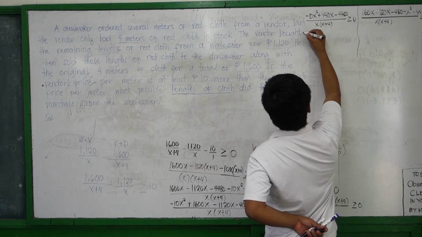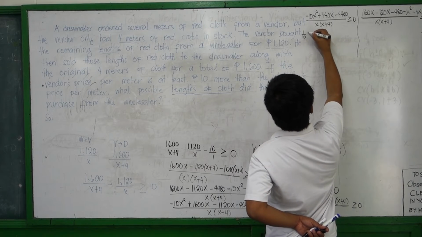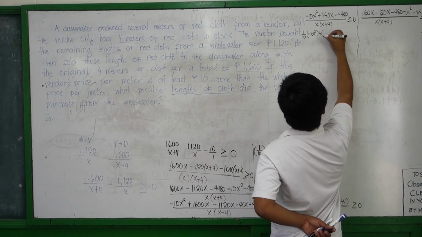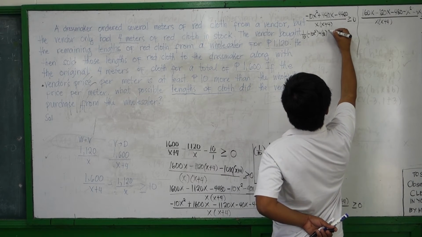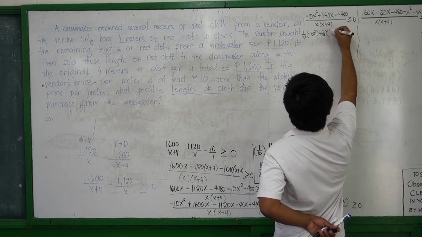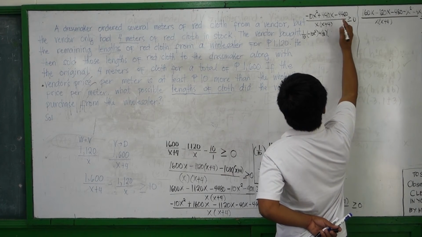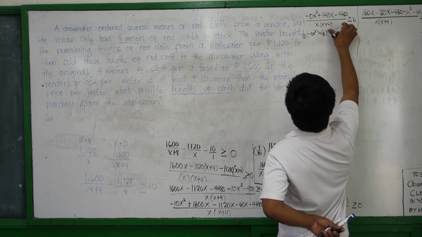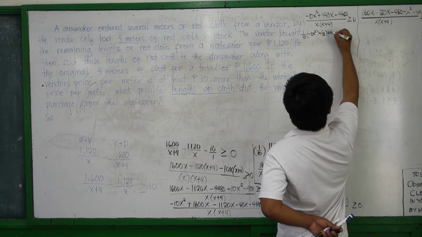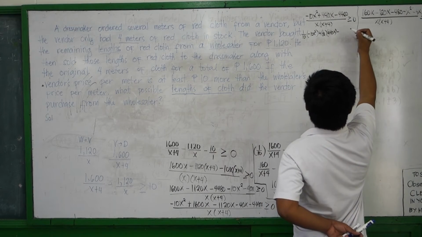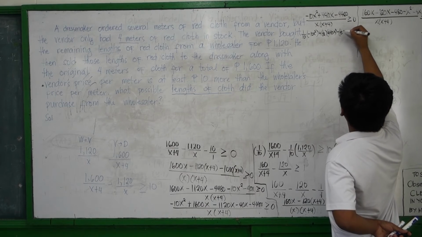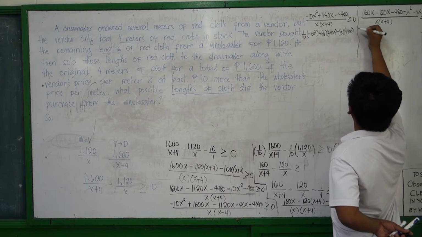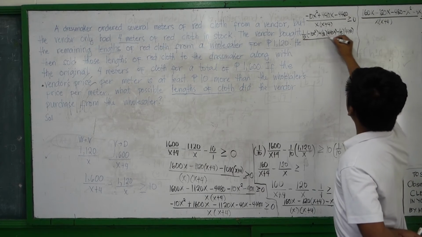So this will become 1 over 10 times negative 10x squared, plus 1 over 10 times 440x, minus 1 over 10 times 480.